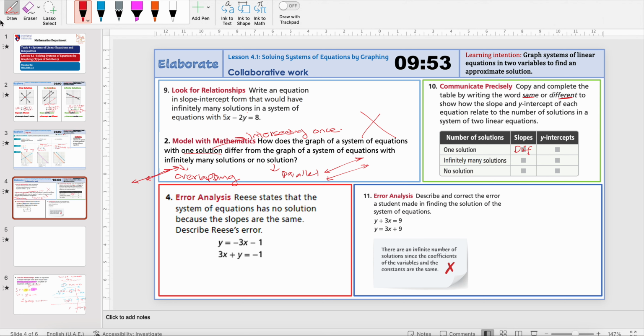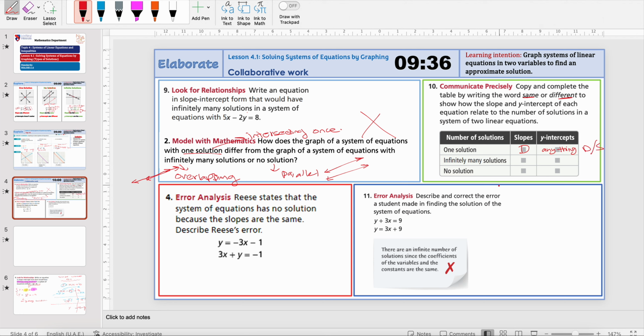I'll just write it as D because it's easier to write. Slopes must be different, but what about the intercepts? We don't care, it can be anything, same or different.